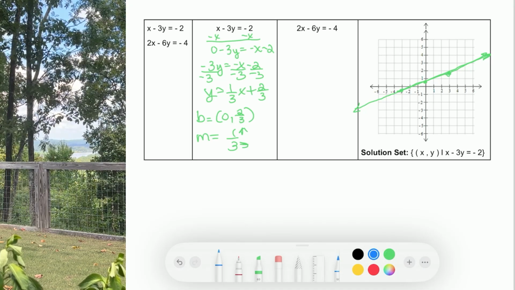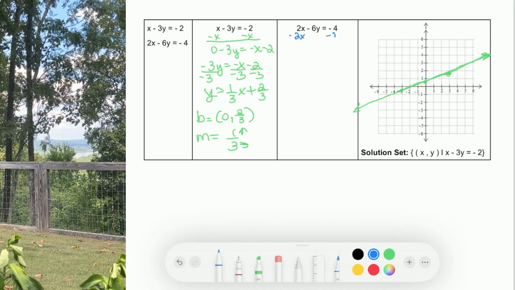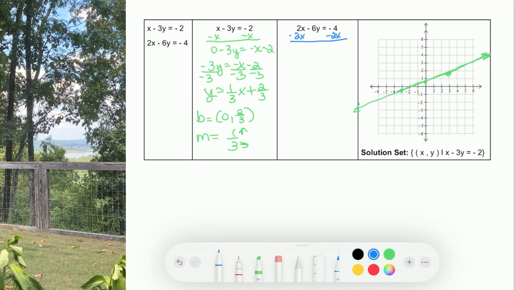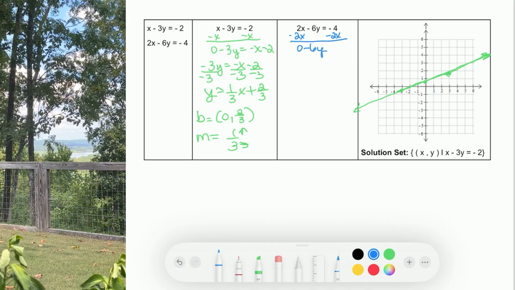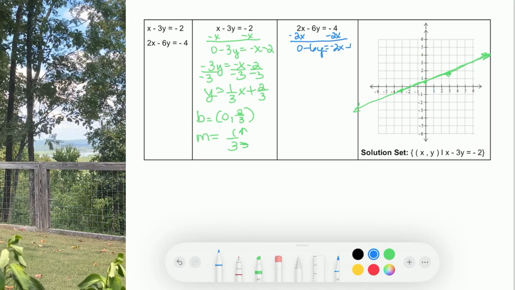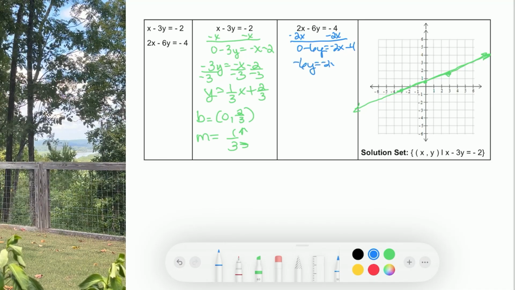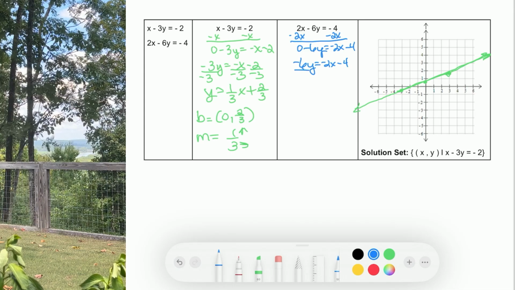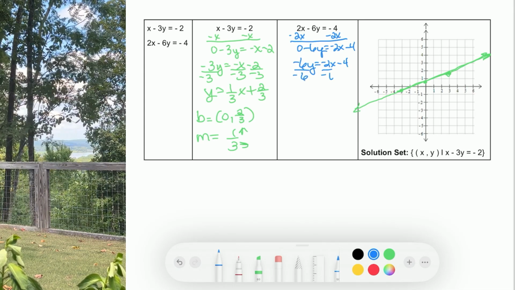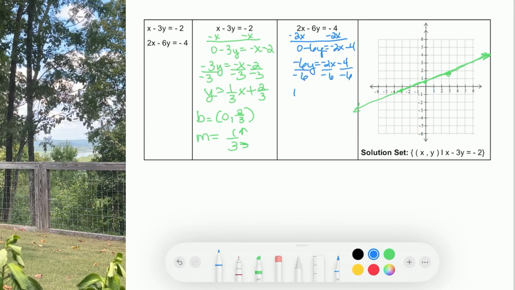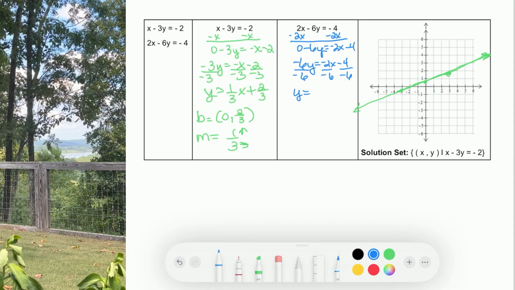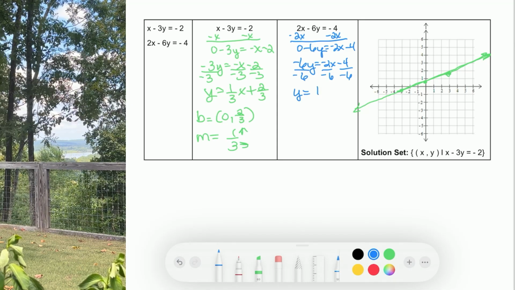Subtract 2x, subtract 2x. I get 0 minus 6y equals -2x minus 4. Rewrite it. Divide everything by -6. I get y equals, -2 over -6 becomes a positive 1/3 x.